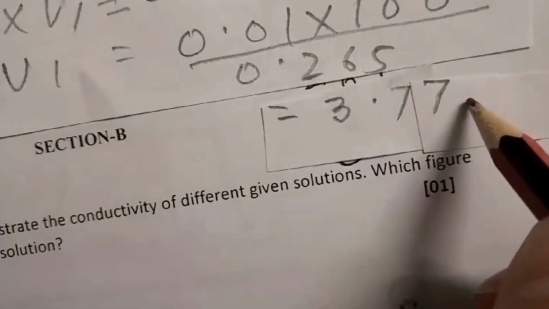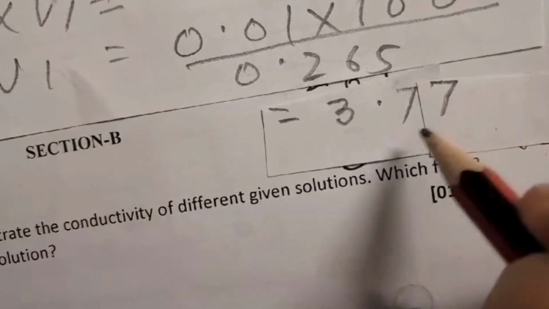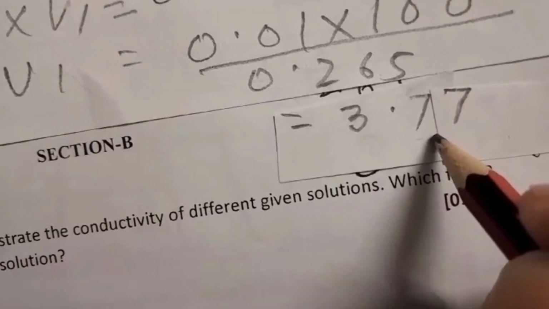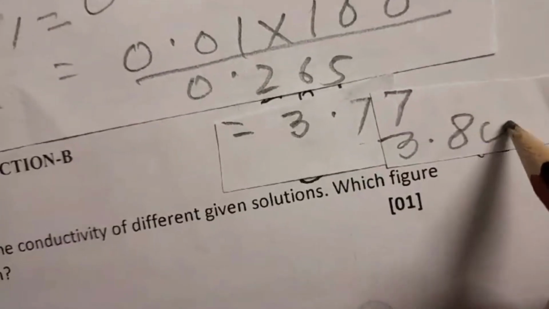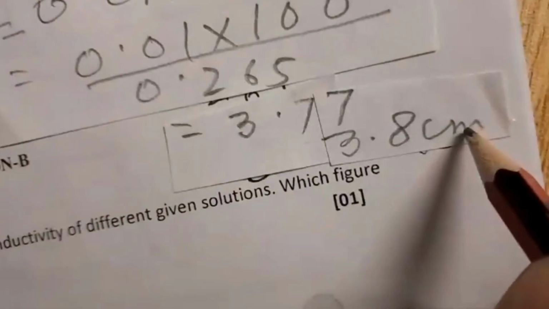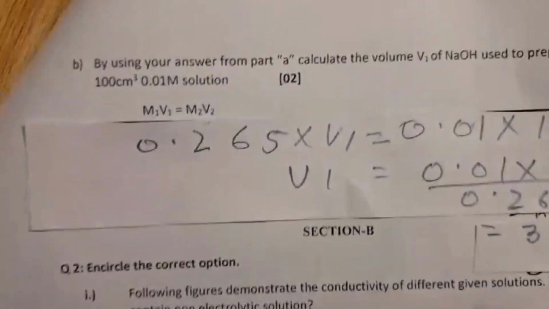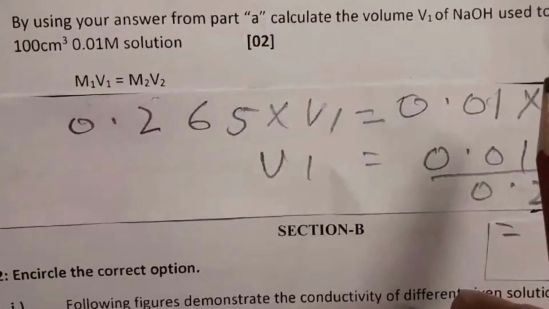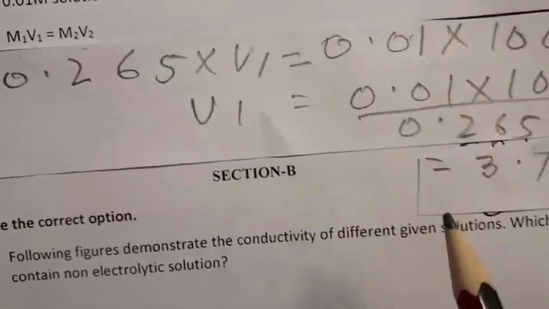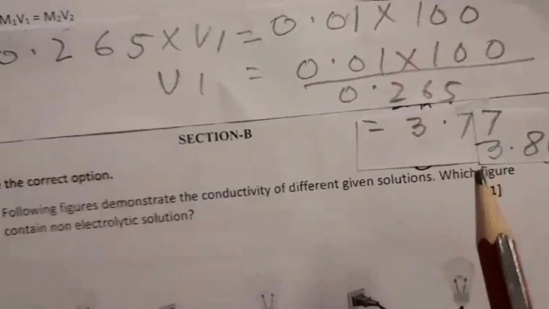So we can make it to the round figure, 3.8 cm³. So V1, that is the volume of the stock, it is 3.8 cm³.